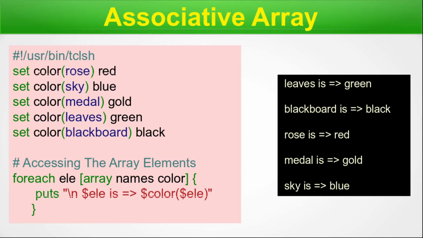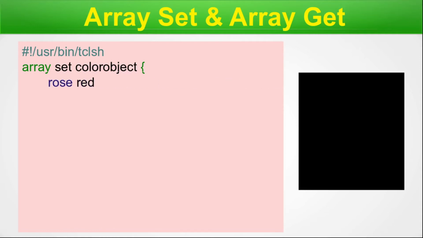Let's move on to the next one, array set and array get. These are another approach. Let's see how we can use it. Here goes our code and here goes our output. We begin our code here and we are using the array set command to define an associative array. Array set, and then we are writing the key and the value pair.